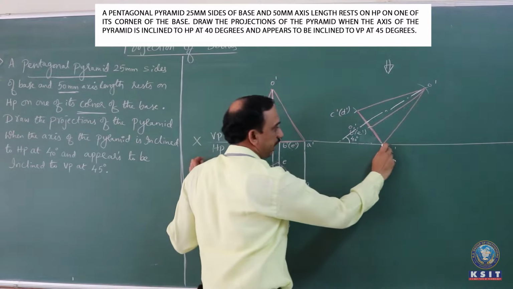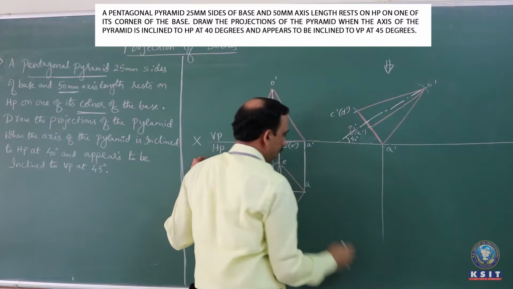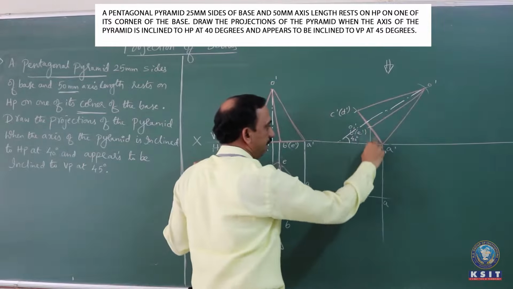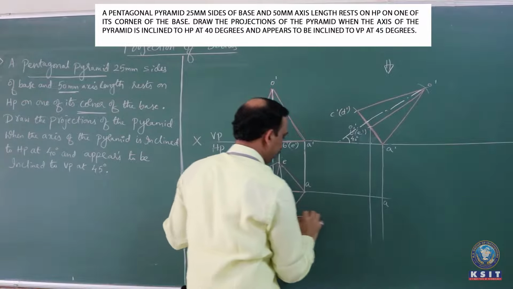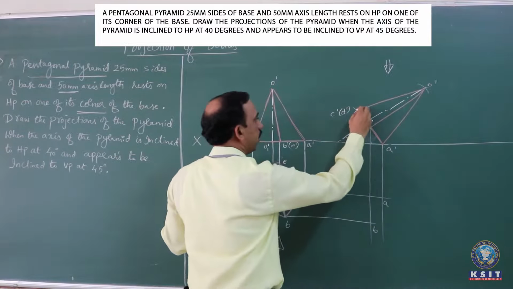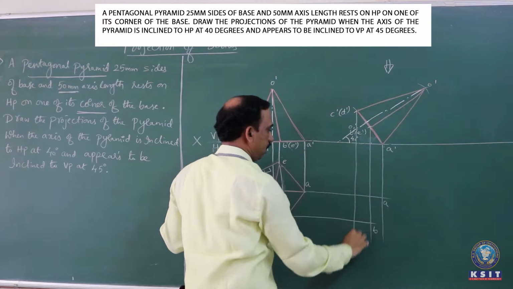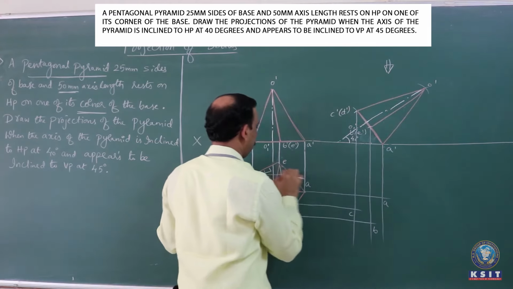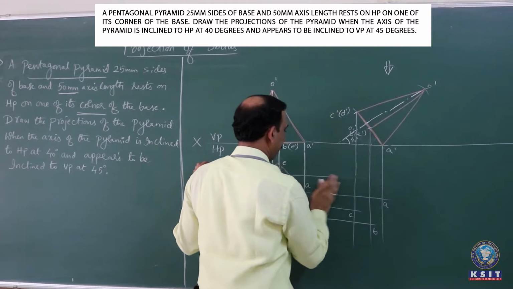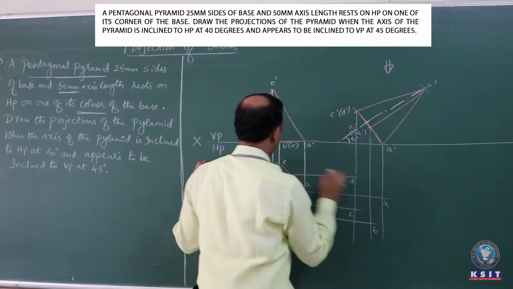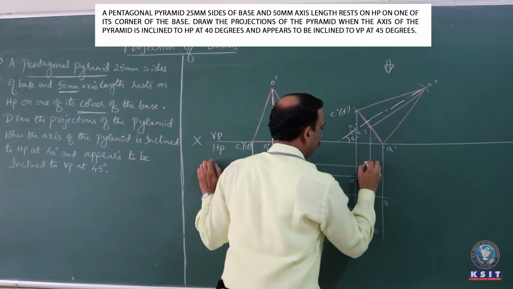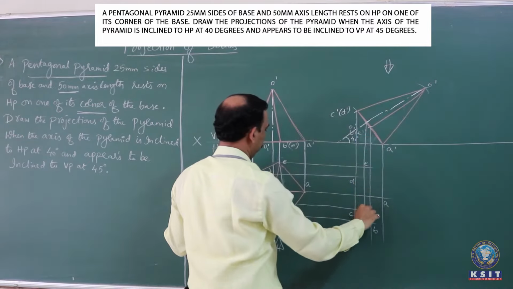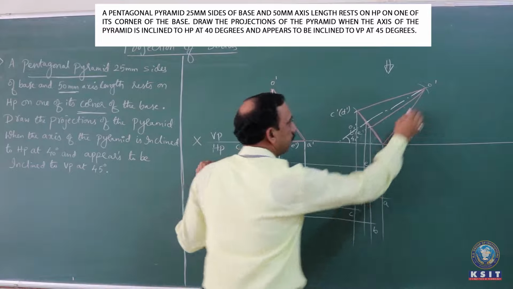For that, we take the projections from A, have the vertical and horizontal, and the intersection itself is A. From B, have a vertical, have the horizontal, the intersection is B. Similarly, from C, have a vertical, have the horizontal, you get C. Similarly, this is D. This is O1.